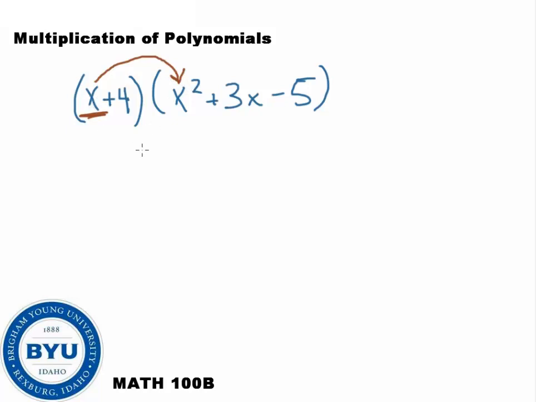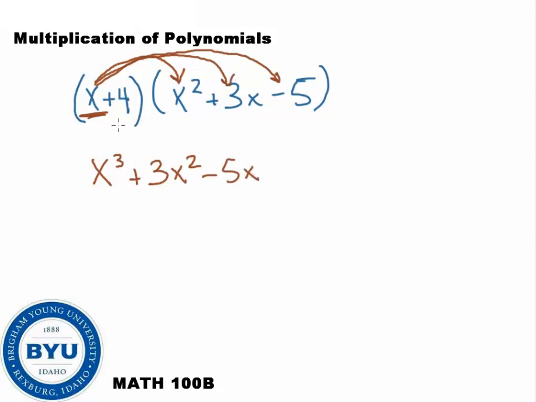X times x squared is x cubed, because we add the powers. And then x times 3x is plus 3x squared. And x times a negative 5 is minus 5x. So I took this first value and I distributed it into all the values in the parentheses.